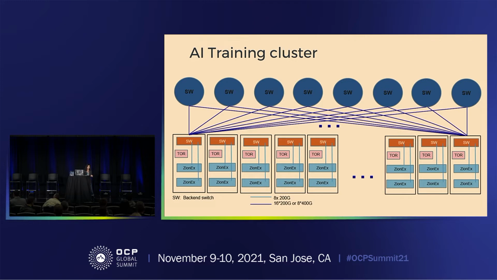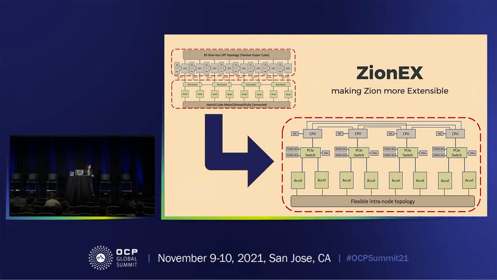You may notice we're using ZionEX instead of Zion here. So this is the difference from 2019 to today, the change in terms of the system block diagram. The original Zion design is a single node training with 8 CPUs and 8 accelerators together. Moving to ZionEX, we are making Zion more extensible.